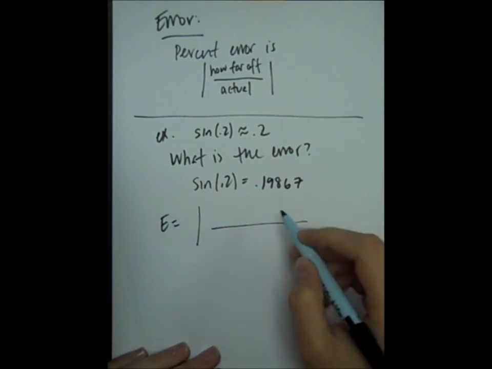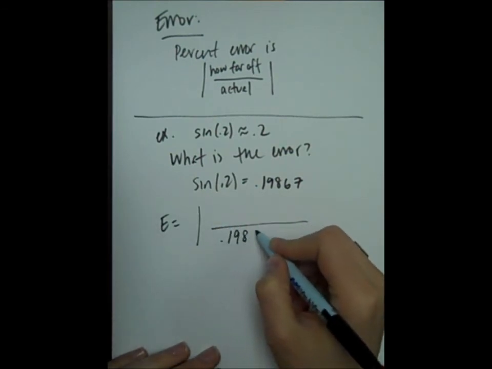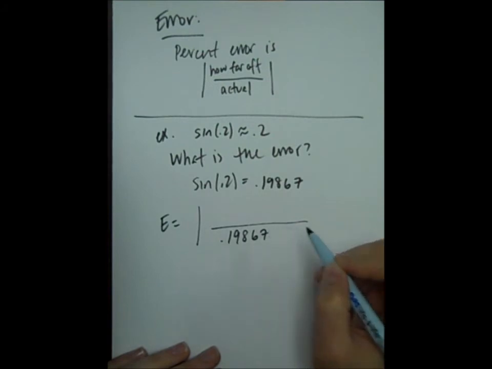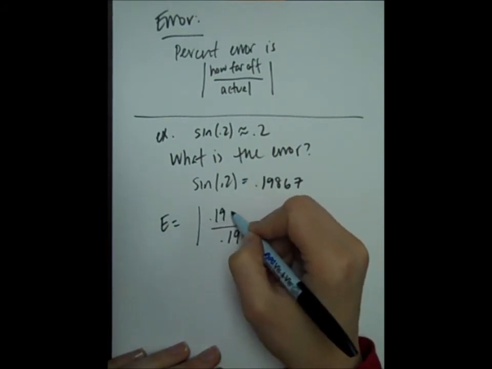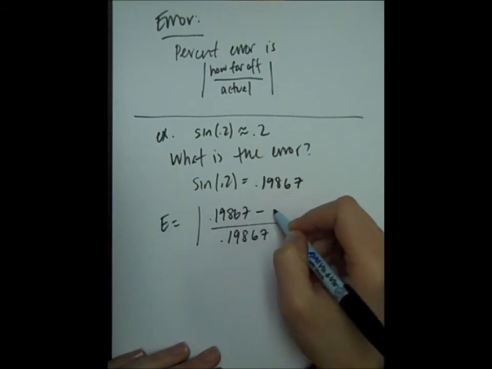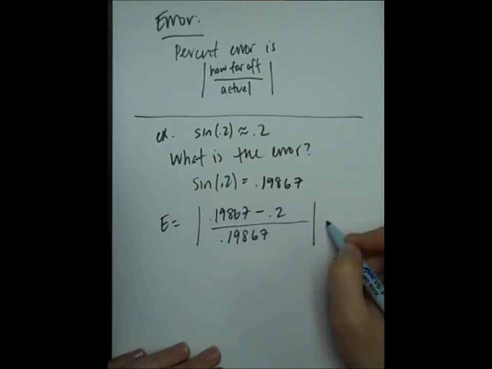So that means that our error has 0.19867 in the denominator. In the numerator, I'll have 0.19867 minus the 0.2 that I guessed.